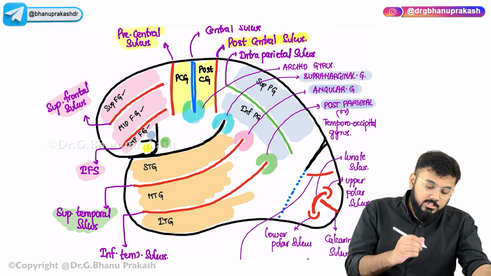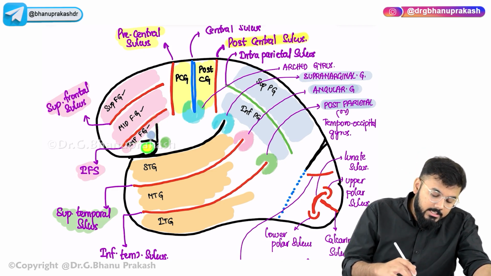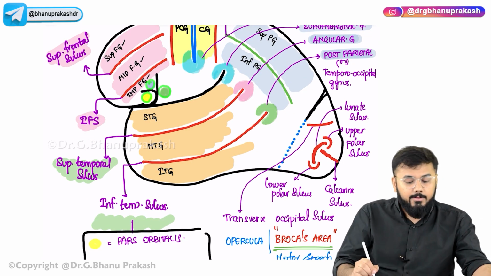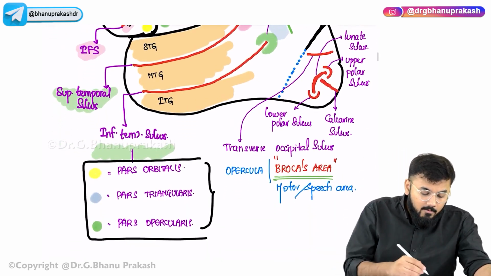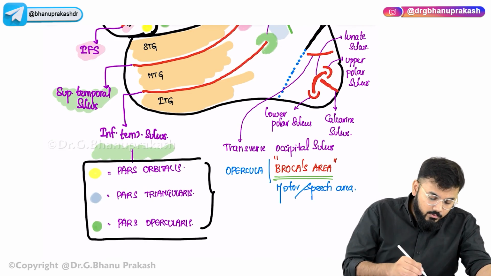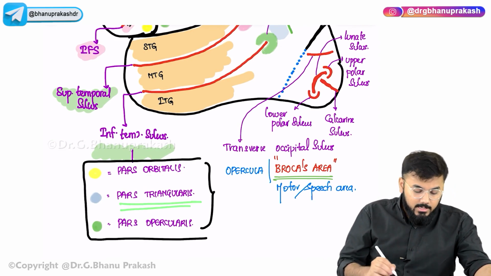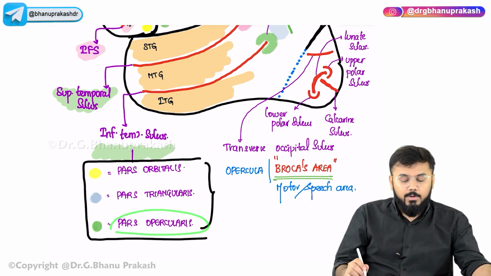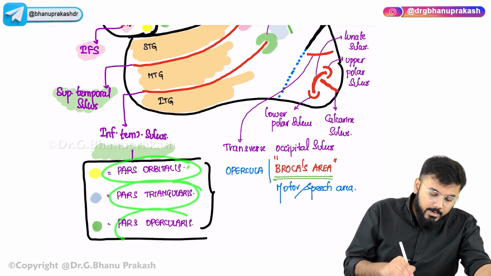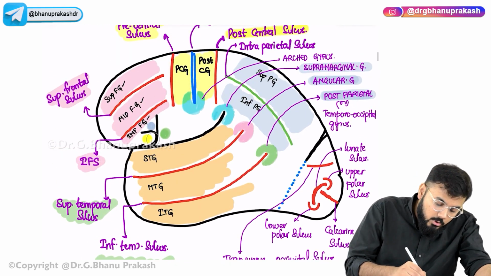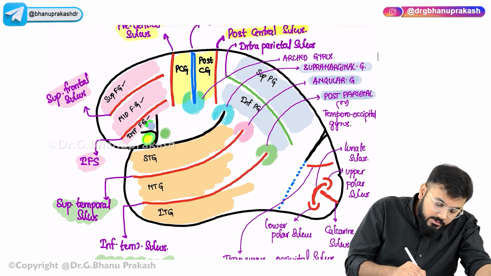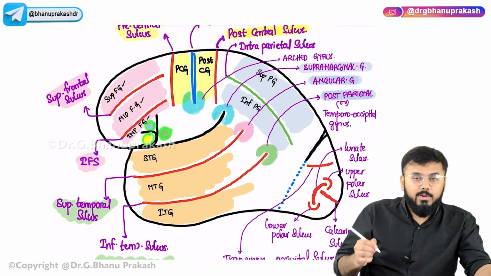Now these structures are providing a home for three important gyri. What are these three important gyri? The yellow one is called pars orbicularis. The next one is called pars triangularis. And the third one is called pars opercularis. See here, this is pars orbicularis, the next is pars triangularis, and this is pars opercularis.